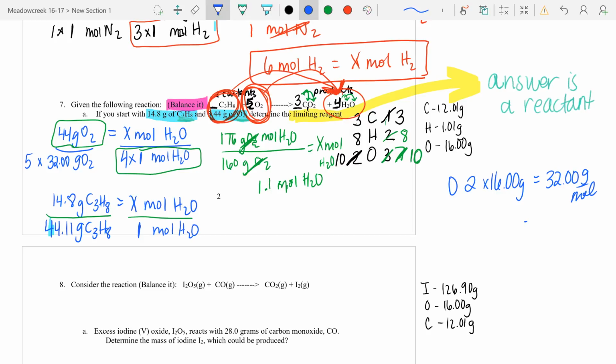And because they are 2 different compounds, I'm going to multiply by their coefficient. We know that water has 4 and C3H8 has nothing, which means it's a 1. So when we cross multiply, we're going to multiply that side by this side.